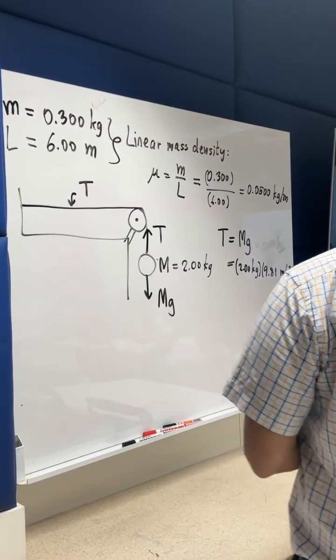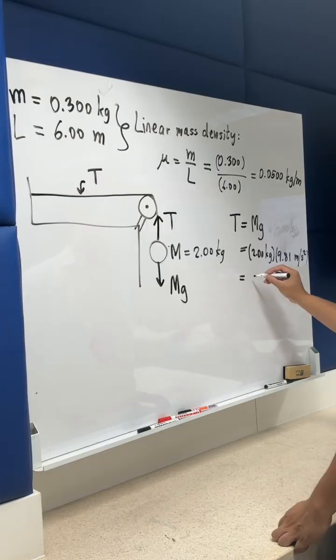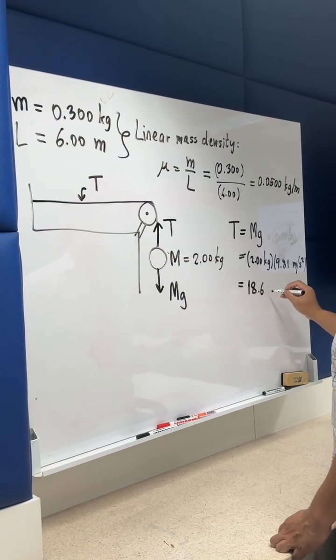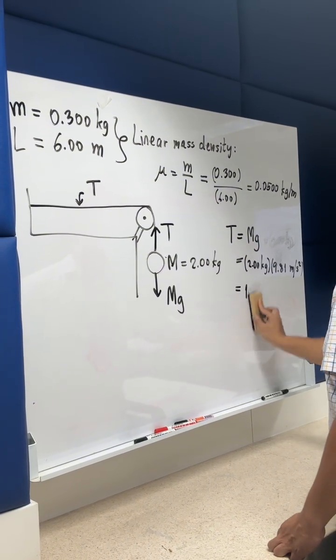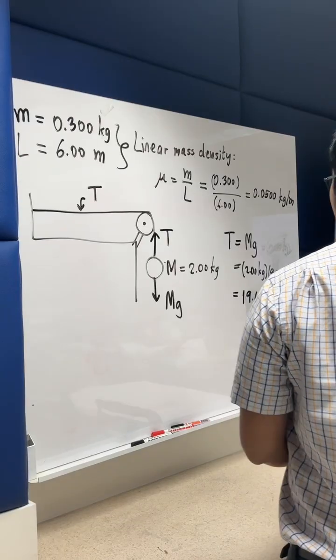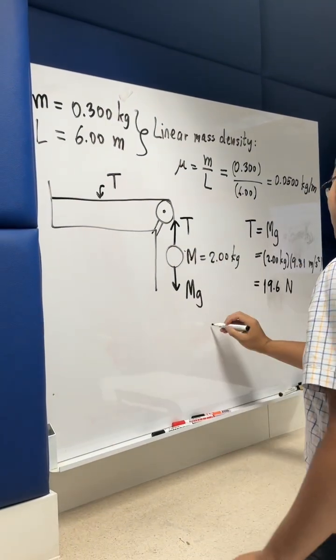Then this is something like 19.6. Anyway, 19.6 newtons, right? And then you want to find the propagation speed.